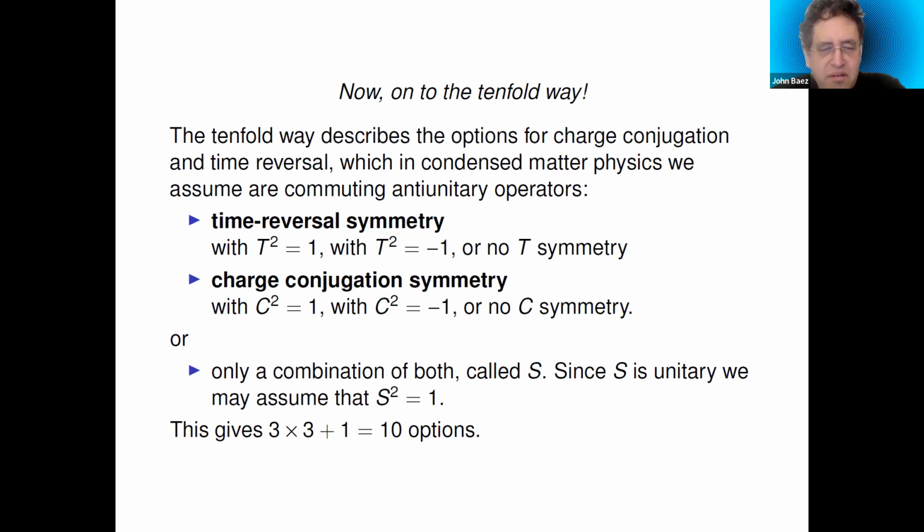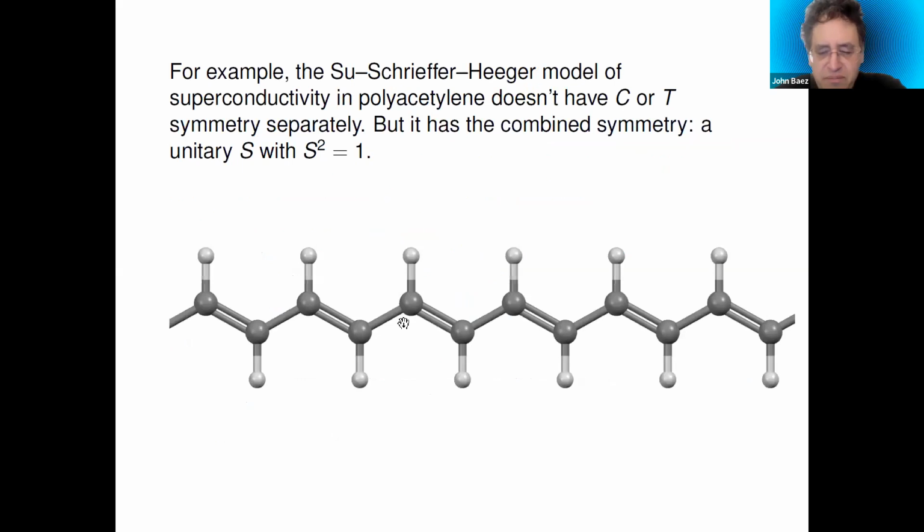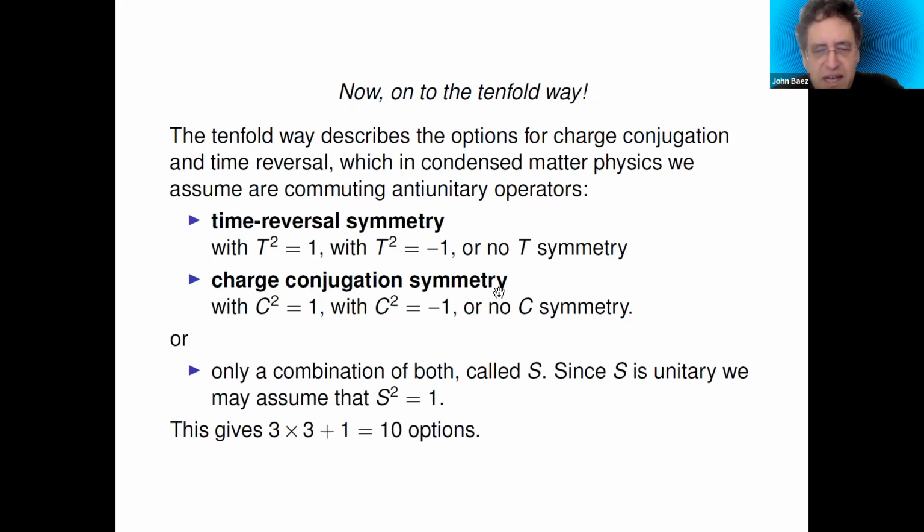And it turns out that you should think of it as unitary, which would make sense when it was actually equal to C composed with T. But here we're talking about the case when it's not, when it's just by itself. But for some reason, we'll still assume it's unitary. And then, without loss of generality, we can assume that it squares to 1. So that's the 10th option. That's the weirdest option.